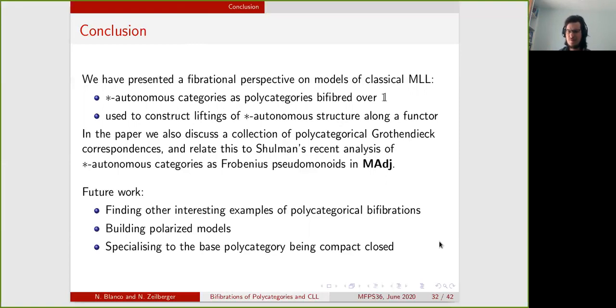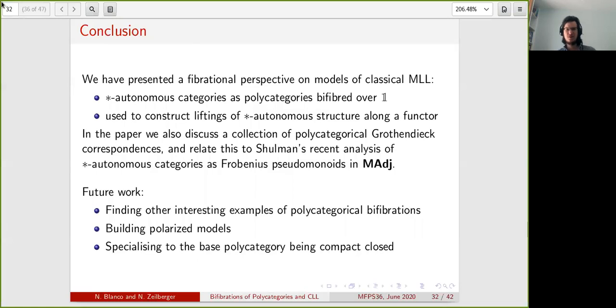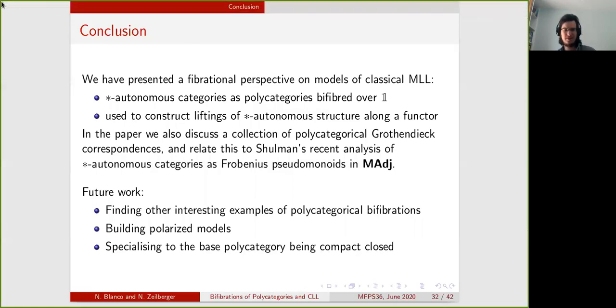Something that we also discussed in the paper and that I don't have enough time to go into is a bunch of polycategorical Grothendieck correspondences. In particular, a Grothendieck correspondence between bifibrations of polycategories and pseudo-functors into the 2-polycategory of multivariable adjunctions. If you specialize this to the base polycategory being the terminal polycategory, we know that bifibrations over the terminal polycategory are the same thing as Star-autonomous categories.